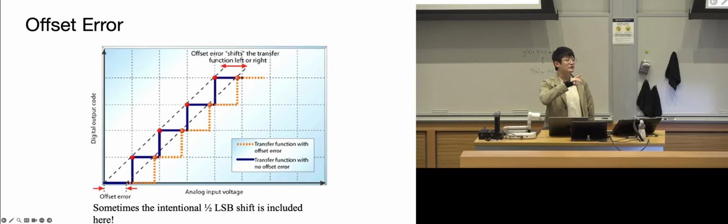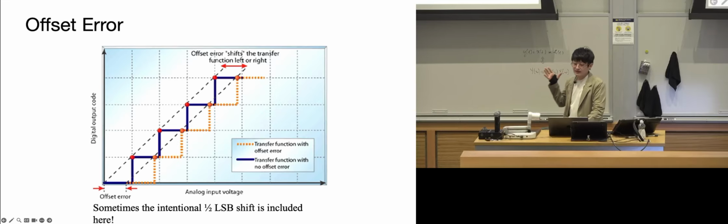This is similar to what one of the class members mentioned, if you want to -1 or don't -1. These are essentially an offset value. But this is something that is usually easy to calibrate.